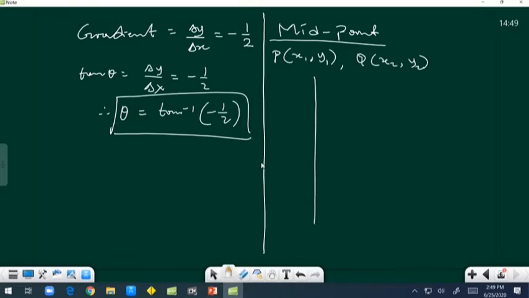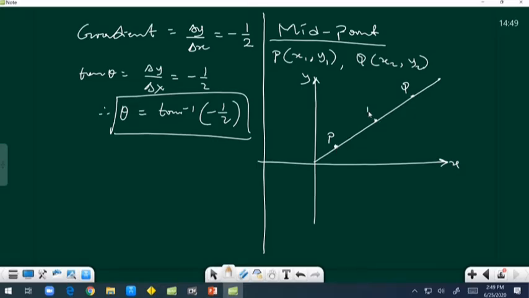To find the midpoint, we have this graph. We have the y and x axis. Let's say this is a line where we have this point as Q and this point as P. To find the midpoint between them, we can also use the slope concept.